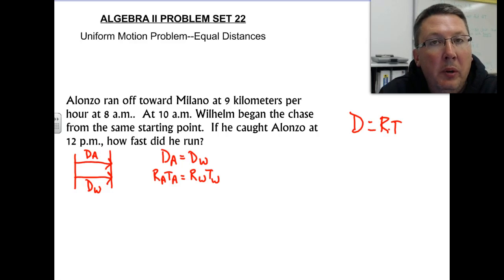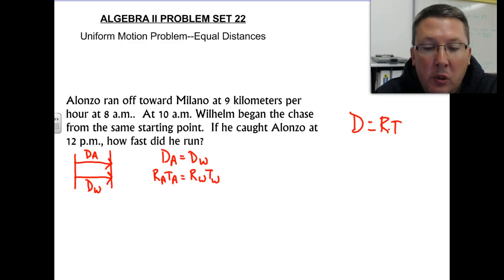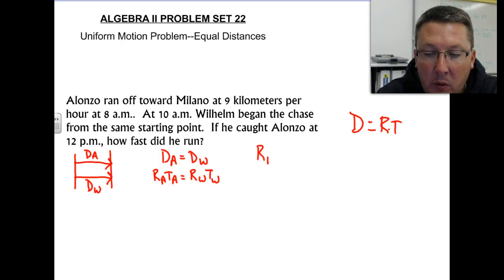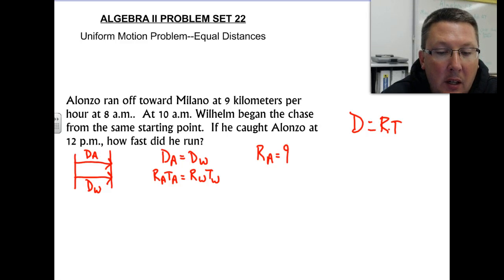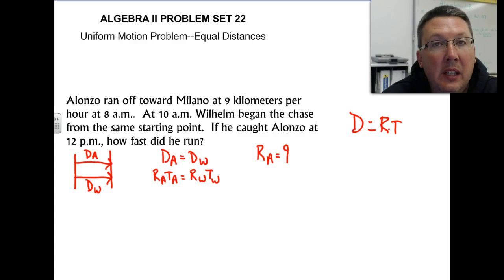All right, now we look at what we know. Alonzo ran off towards Milano at 9 kilometers per hour. That is, the rate for Alonzo is 9 kilometers per hour. At 10 a.m., Wilhelm began to chase after him from the same starting point. We don't know anything about Wilhelm's rate. So that one we don't know.